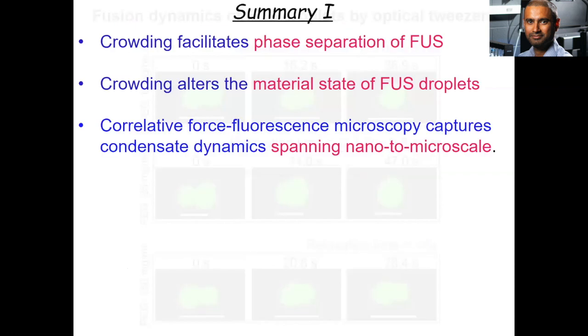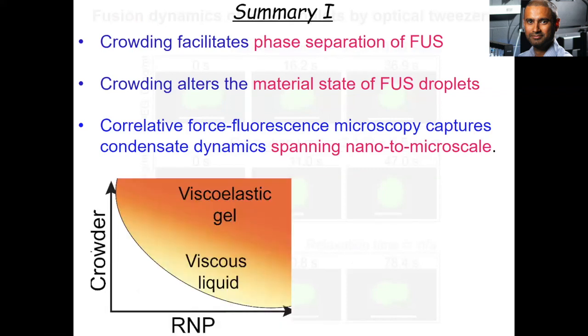So with this set of data, we conclude that correlative force fluorescence microscopy could be very effective in capturing dynamics of these condensates spanning nano to microscale. And utilizing that, we could quantify how crowding not only can promote phase separation of this protein, but also changes the material properties, which might be of importance because many condensates are changed during aging, as I mentioned earlier.